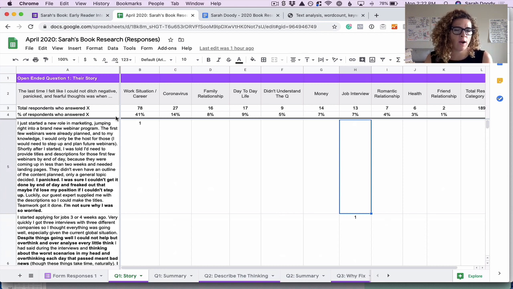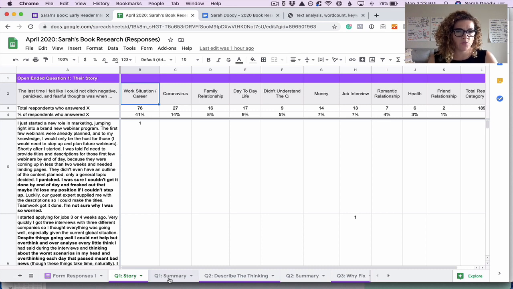And then what happened after that? Well, then I had this great breakdown of how many answers mapped back to these categories. And then I could take this data and help myself visualize it a little more.